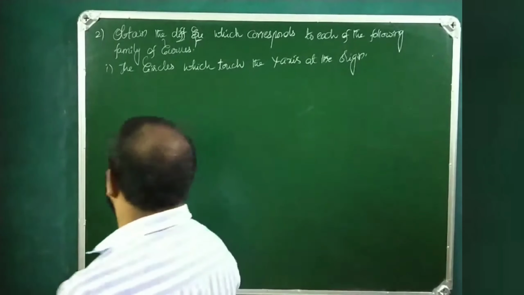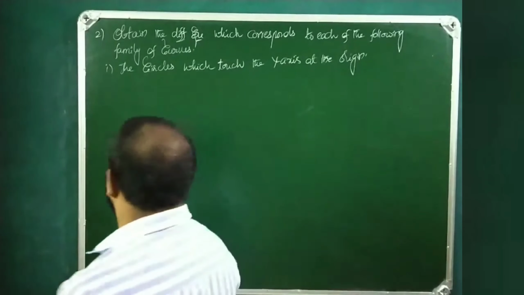Now substituting g in equation 1, x square plus y square plus 2x into minus of x plus y dy by dx equals 0.